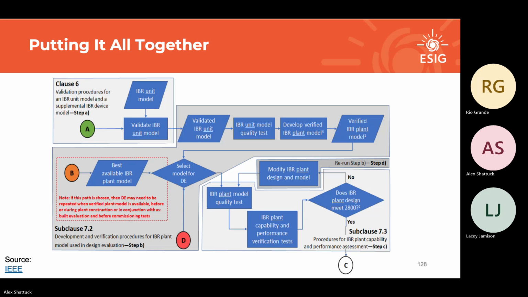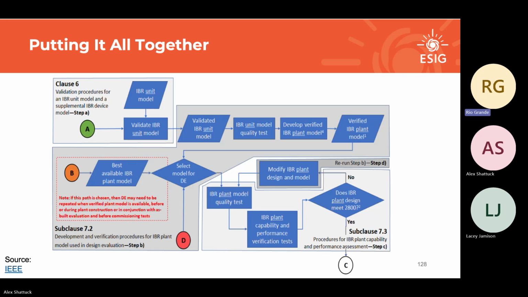All of the plants in the NERC published disturbance reports are NERC compliant. They all met MOD, they all met PRC, they're all NERC compliant plants. And none of them operated how they should have. So yeah, you're right. Nothing has changed.